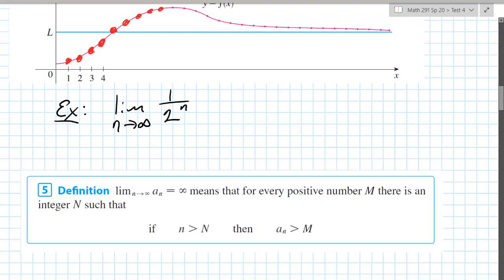So we don't know what this limit is, but we do know if I use this function 1 over 2 to the x, the values of x equals 1, x equals 2, x equals 3, and so on, give me the values of my sequence. And I know that this limit approaches 0, so I know that this also approaches 0.